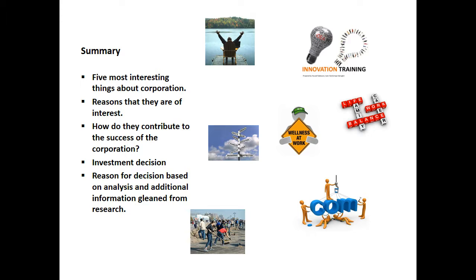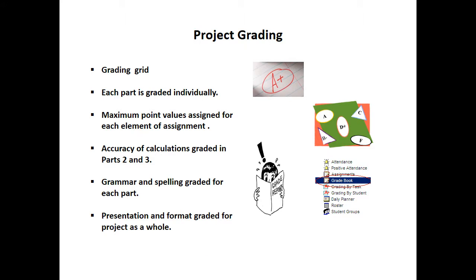Now I'm going to go to the grading piece. The last slide will be the grading grid, and if you look at the description of the project, there's also a grading grid there. Each part is graded individually, and there's a maximum point value assigned for each element of the project.